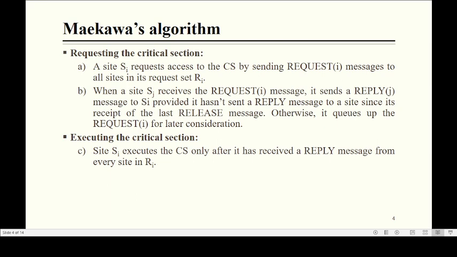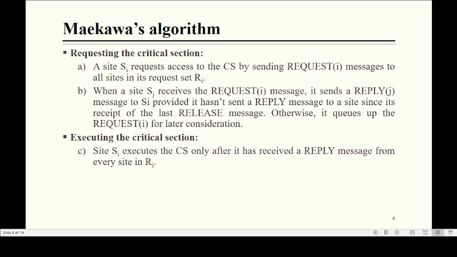Maekawa's algorithm is a quorum-based mutual exclusion algorithm. It works in three stages. The first stage is requesting the critical section. A site Si executes the following steps to execute the critical section. The site Si requests access to the critical section by sending a request message to all sites in its request set Ri.